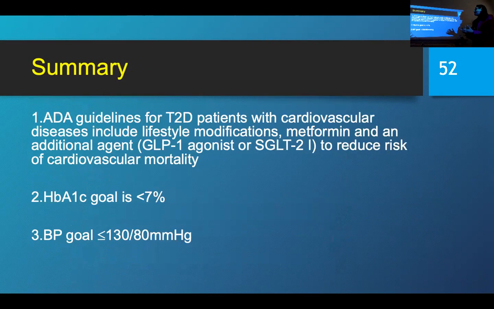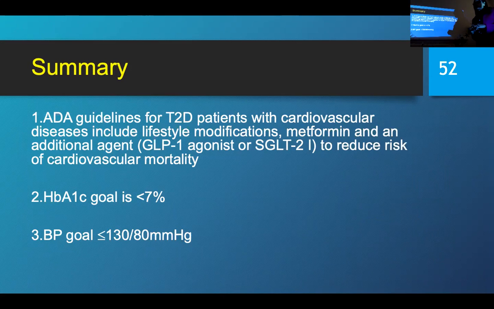So in summary, I would like to conclude what we talked about in our presentation. The American Diabetes Association guidelines for type 2 diabetes patients with cardiovascular disease include lifestyle modification, adding metformin, and an additional agent, GLP-1 or SGLT2, to reduce the risk of cardiovascular mortality.